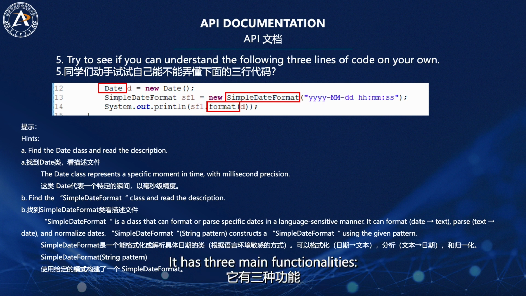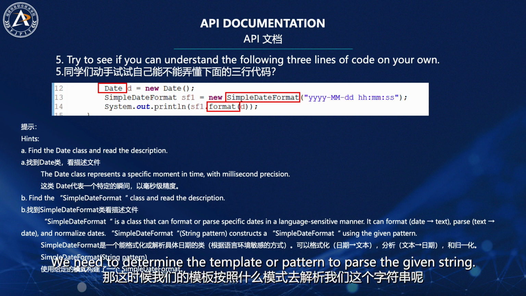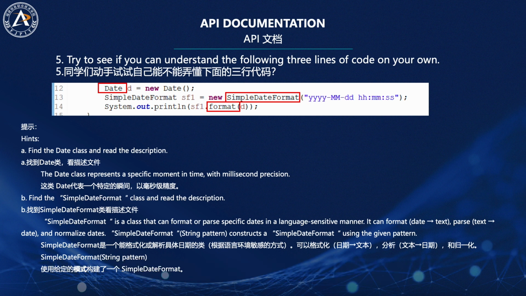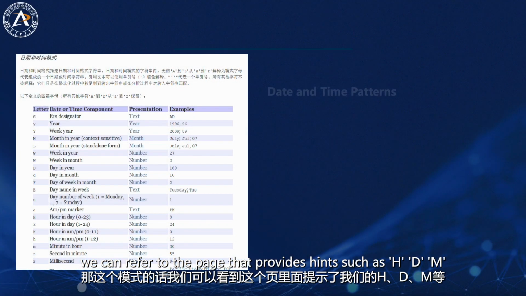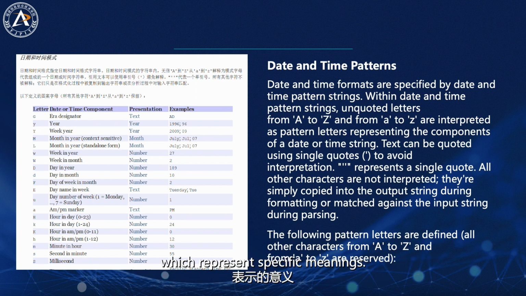It has 3 main functionalities: formatting, parsing, and normalization. We need to determine the template or pattern to parse the given string. To find the pattern, we can refer to the page that provides hints, such as the HTML, which represents specific meanings.